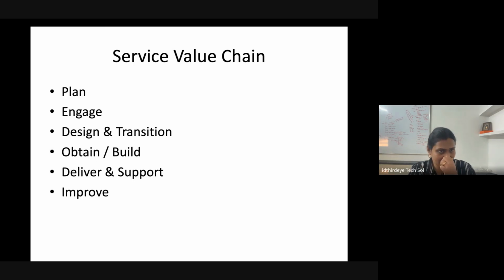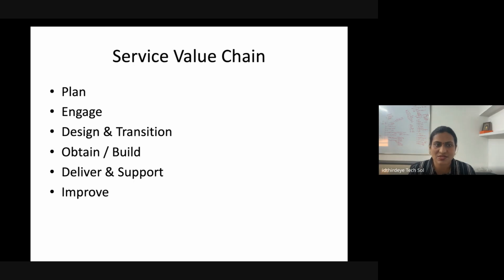This is the service value chain, like how you form a team. They say forming, norming and so on. First you plan, then you engage, then you design and do a transition. Transition is like you develop something and give it to another person to handle the way it is supposed to be handled.